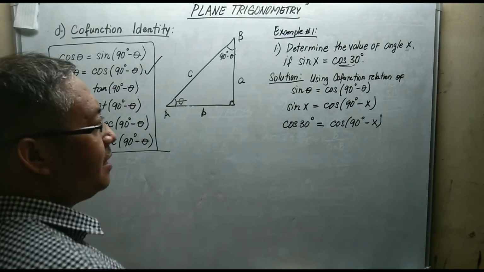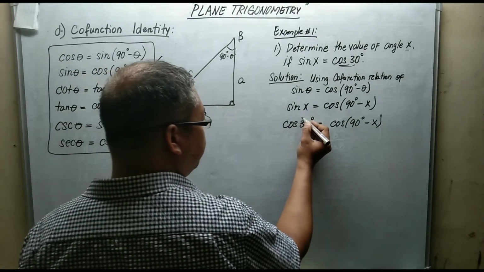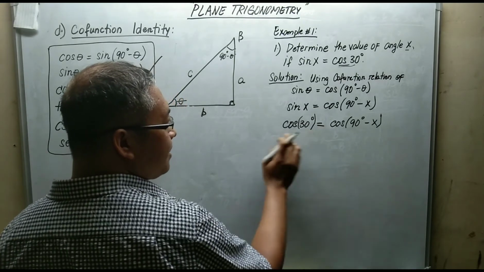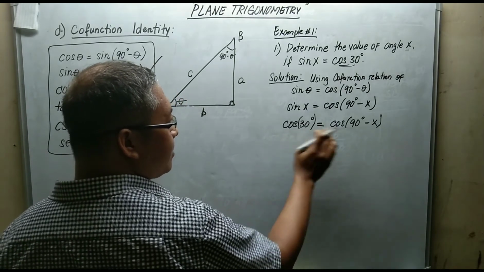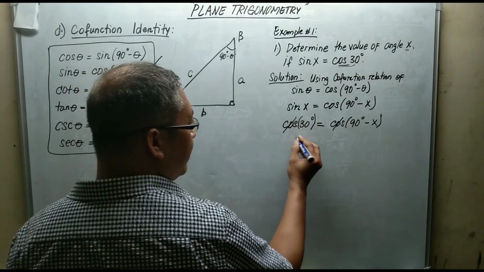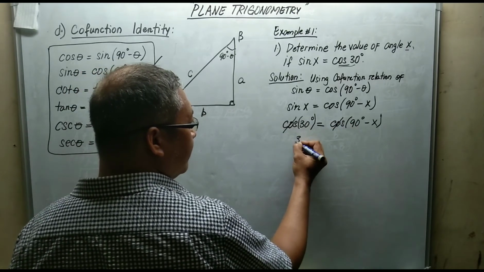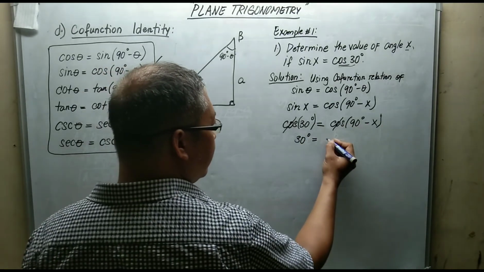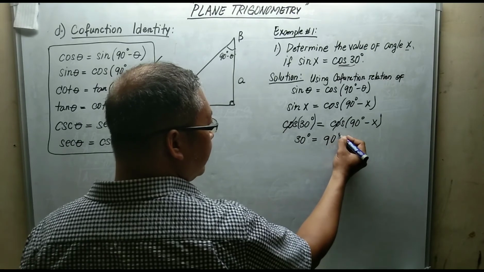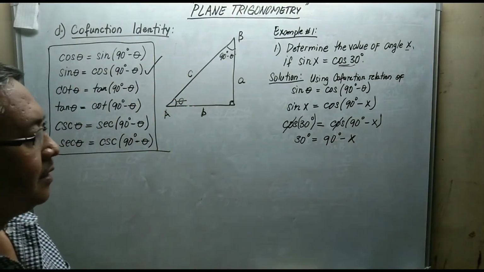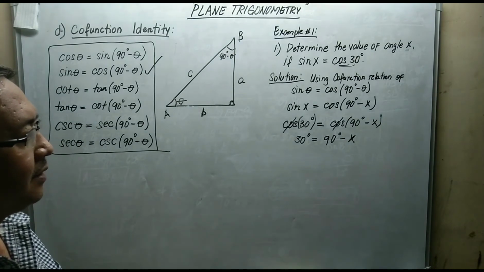Okay, so since they both have cosine functions, we can cancel this cosine. Cancel cosine. Now the remaining will be 30 degrees is equal to 90 degrees minus x. You followed, guys?